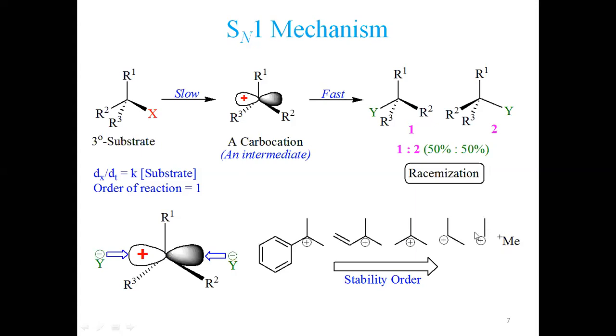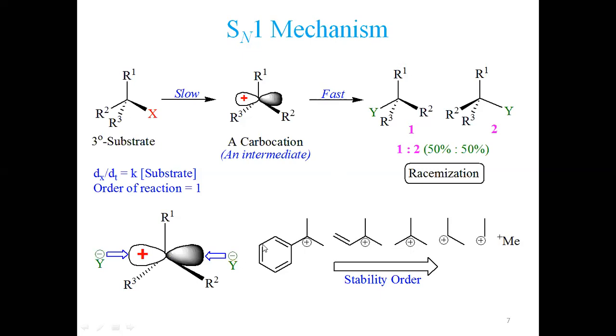So this is the reason primary carbon doesn't undergo SN1; it undergoes SN2 because it doesn't have an issue of steric hindrance. These ions have high steric hindrance in this form. So that's why it follows this mechanism, because its carbocation is stable. Tertiary carbocation is relatively stable but not highly stable.